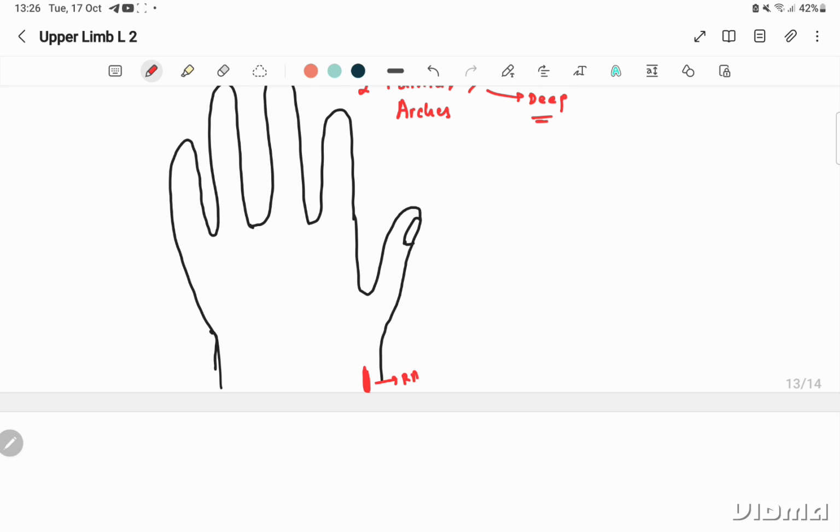Let's say this is the radial artery coming over here. One branch will go here, the branch that will be present in the anatomical snuff box. Do you remember? It is the content of the anatomical snuff box. The superficial branch of radial artery would come like this. What is this? Superficial branch of radial artery. The radial artery will wander around and appear here over the snuff box, and would divide into the deep branch.